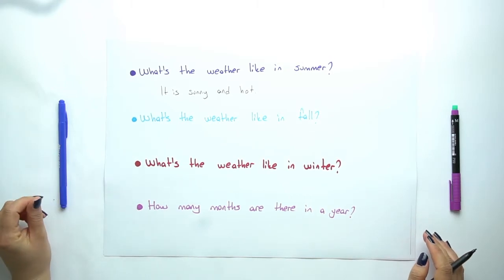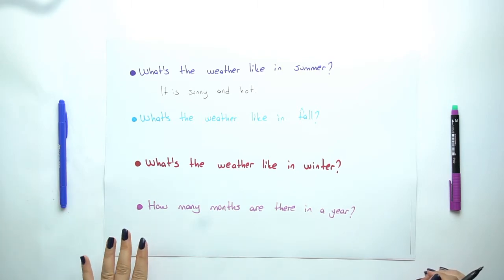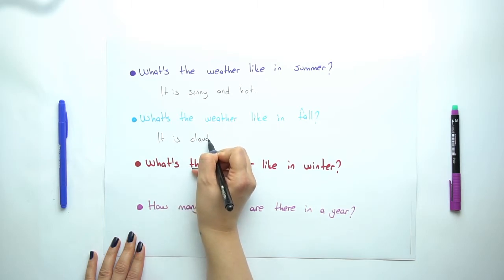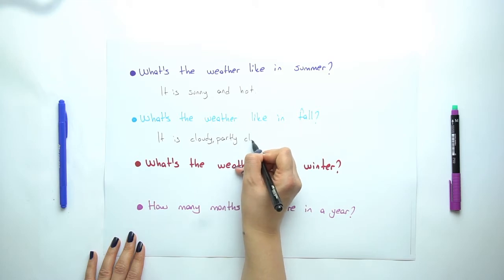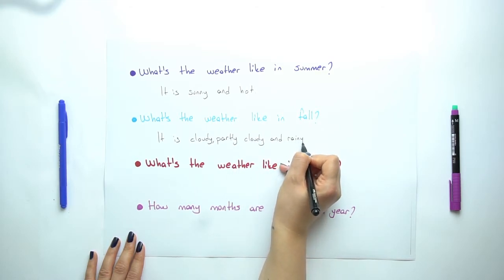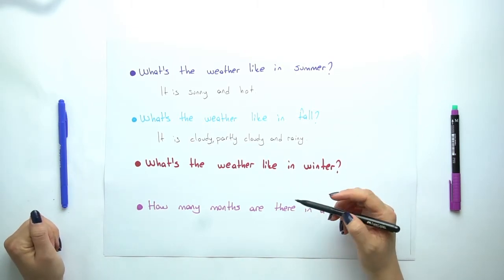Now, we will continue with fall. What is the weather like in fall? In fall, it is cloudy, partly cloudy, and rainy. It is also cold in fall.